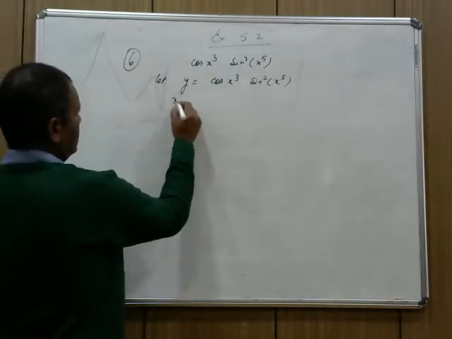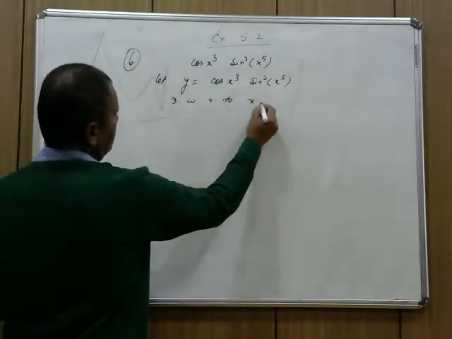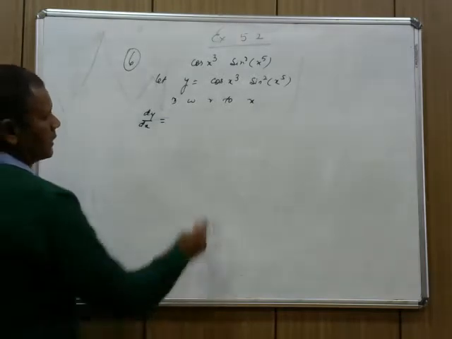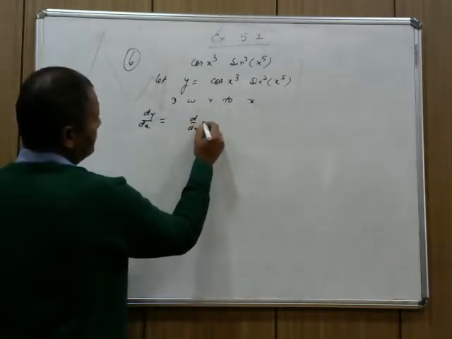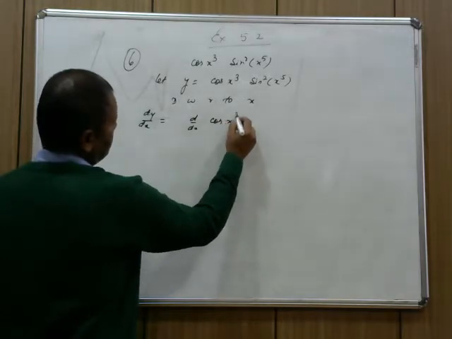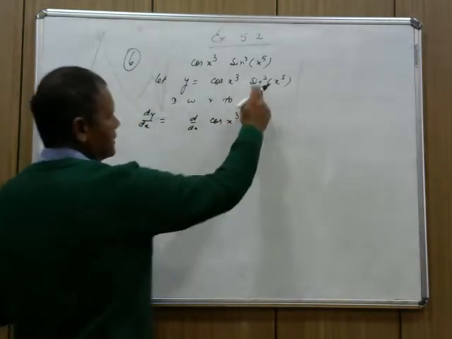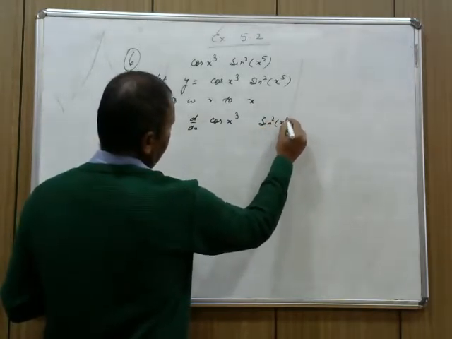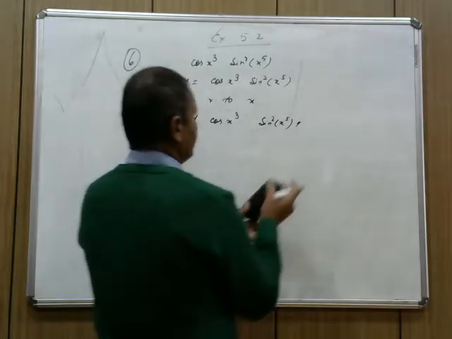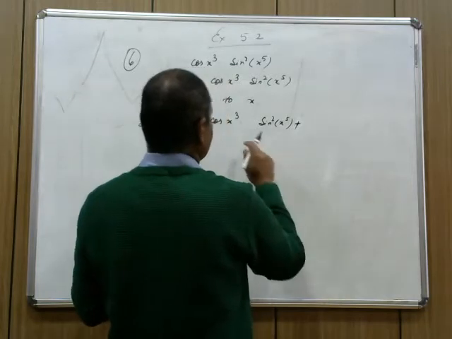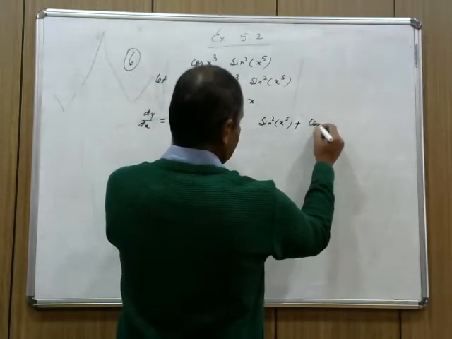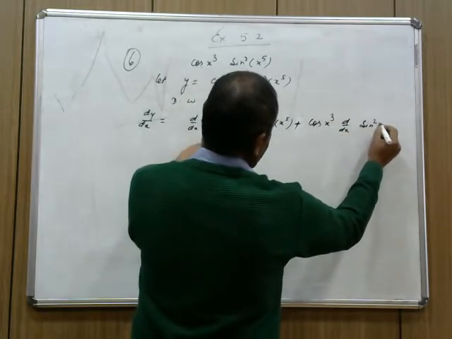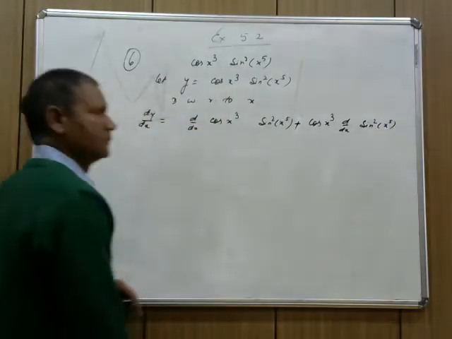Now differentiate with respect to x. dy by dx is equal to d by dx of cos x cube into sin square x to the power 5: sin square x to the power 5 as it is, plus, now cos x cube will be as it is, and the differentiation of sin square x to the power 5.